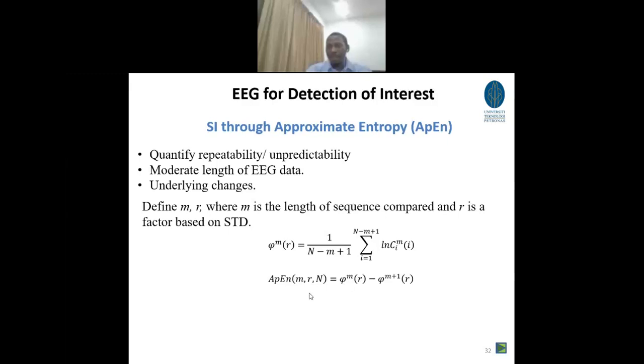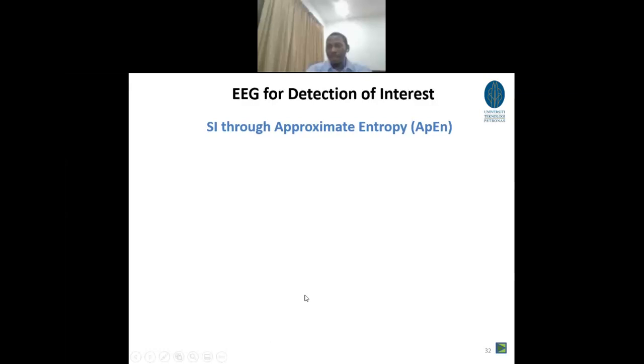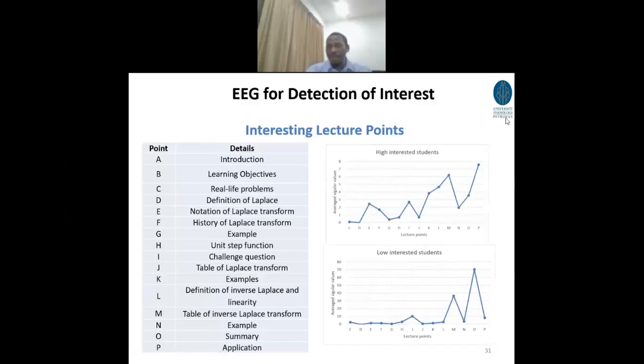Okay, there's a spike in the graph. We go back for a while. Yeah, what happened at M? M is the table of inverse Laplace transform. Yeah, there's a spike, yes. Why is it happening at this particular time?